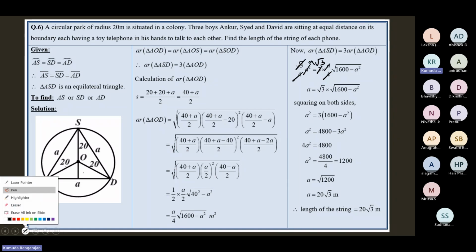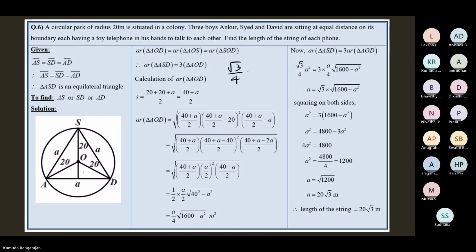Otherwise, what you can do is you can take everything to this side. This is 3a by 4, no? This one is 3a by 4. So on the other side, it will become 4 by 3a. When you transpose, when you bring this here, 3a by 4 will become 4 by 3a.